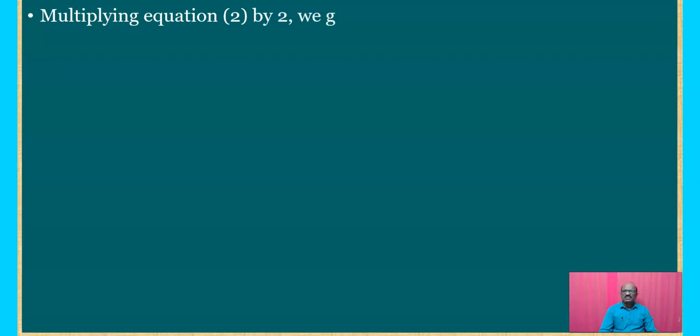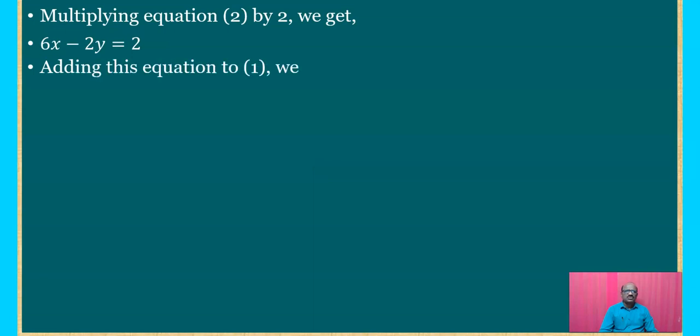Now we'll see this here. Multiply equation number 2 by 2, so that y will get cancelled. Then you get 6x minus 2y is equal to 2. Add the equation to the first, we get 7x is equal to 7, x is equal to 1.